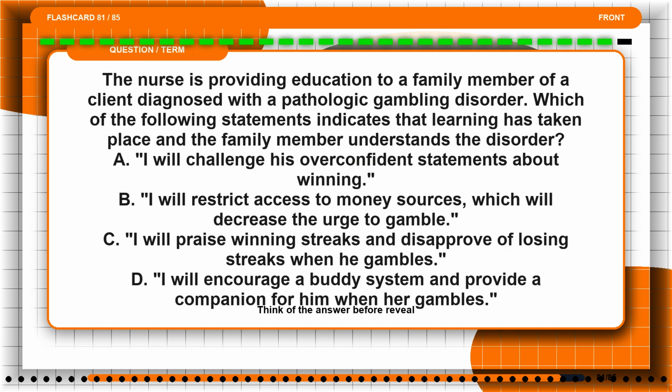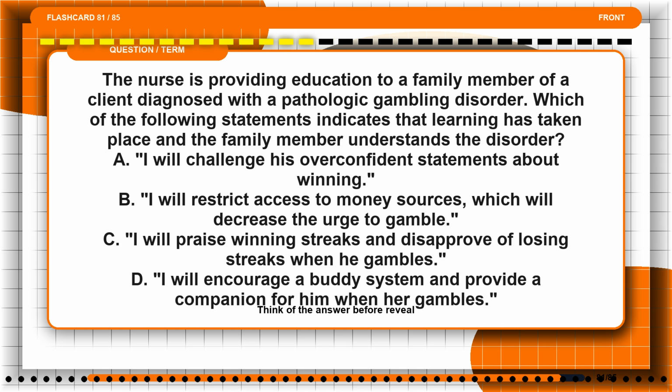Flashcard 81. The nurse is providing education to a family member of a client diagnosed with a pathologic gambling disorder. Which of the following statements indicates that learning has taken place and the family member understands the disorder? A. I will challenge his overconfident statements about winning.